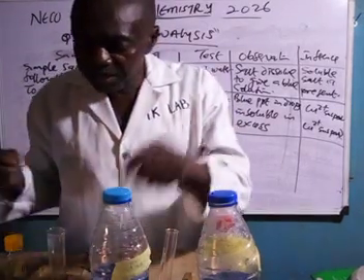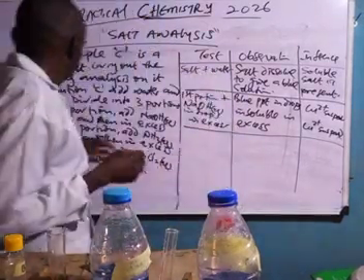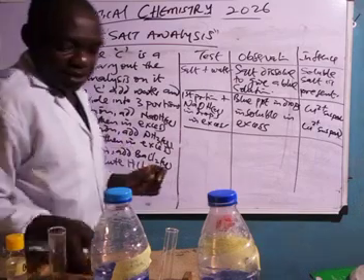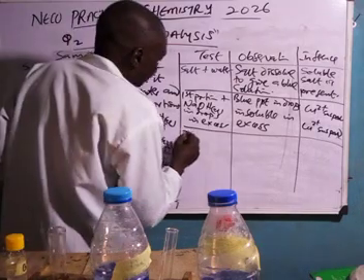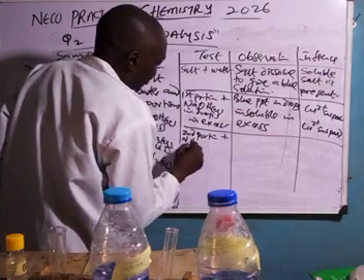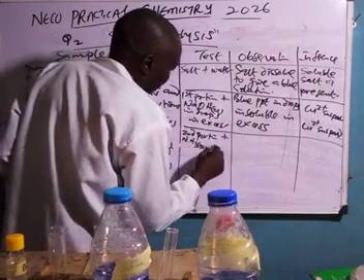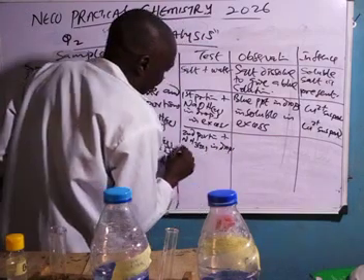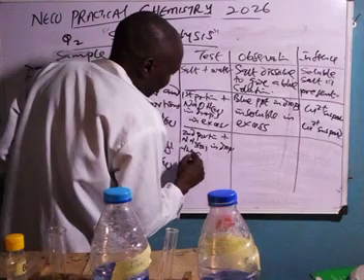Then done with that. The next one is the second portion: add ammonia in drops and then in excess. Second portion plus NH3 in drops, then in excess.